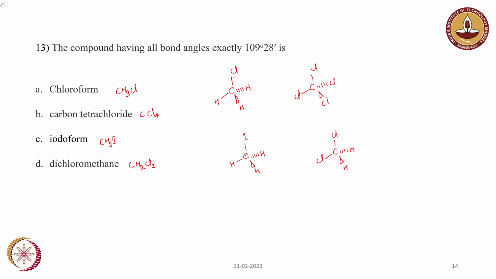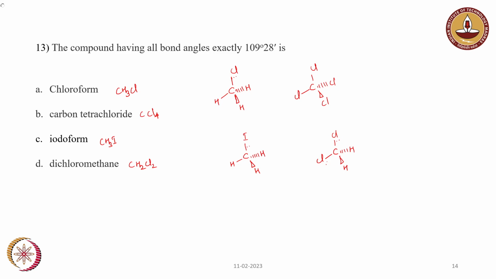Here also it's the same case, but compared to chlorine, iodine is less electronegative. So the electrons will be in the middle of the carbon and iodine. So the bond angle between HCI will increase compared to HCH, but it will be less than HCl. And here two more Cl are present. They are more electronegative, so electrons will be closer to chlorine.